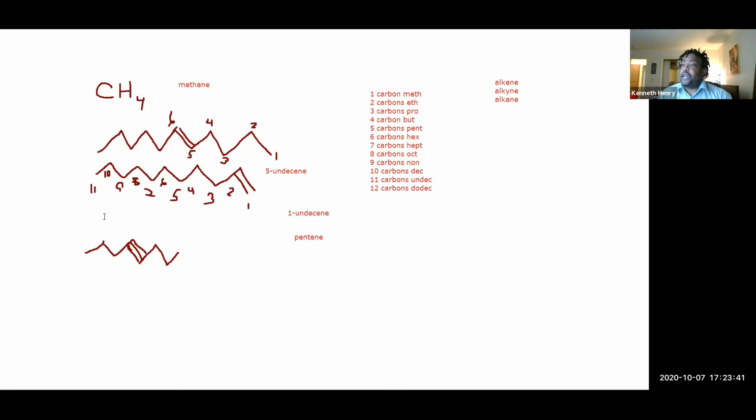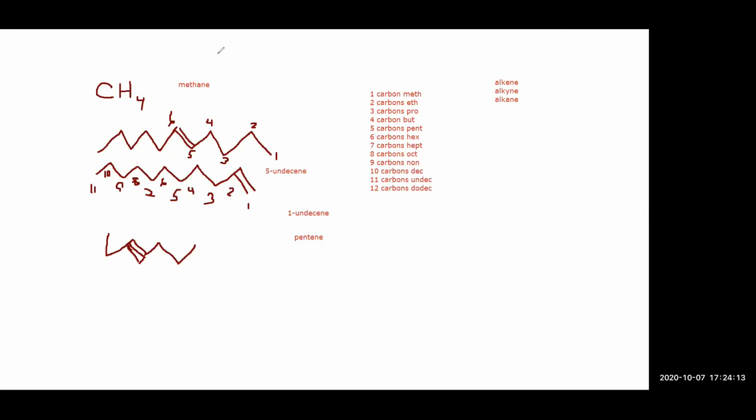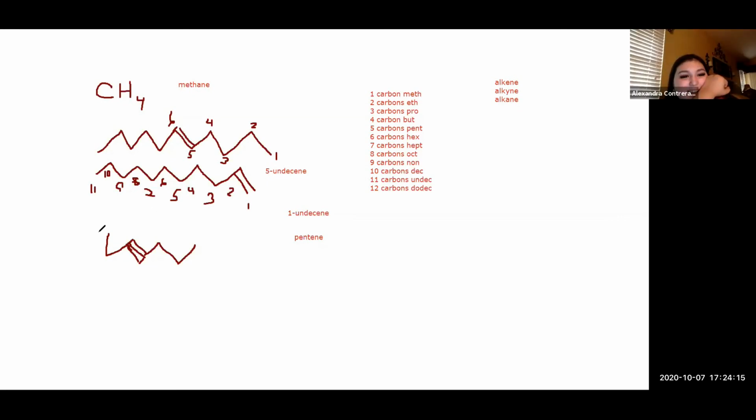So what are we going to name this guy? Let me fix it. It looks horrible. This is a triple bond. Would it be non? 1, 2, 3, 4, 5, 6, 7. Oh, wait, I drew it wrong, so I added an extra hump.